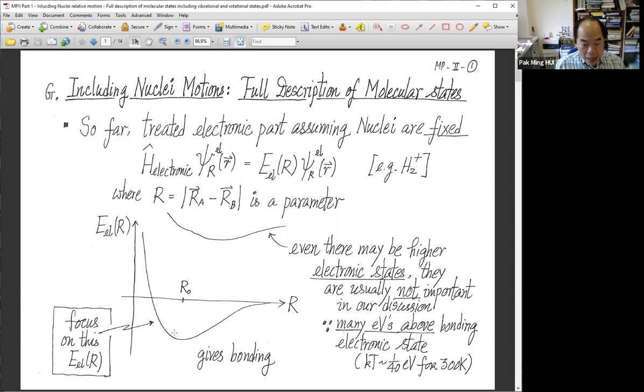From now on, we will be focusing on this curve, and in particular, in the vicinity of the minimum of this binding curve. If everything stands still, the two atoms will be sitting right at R0. However, even from your first class in quantum mechanics, you know everything sitting still is something fishy.